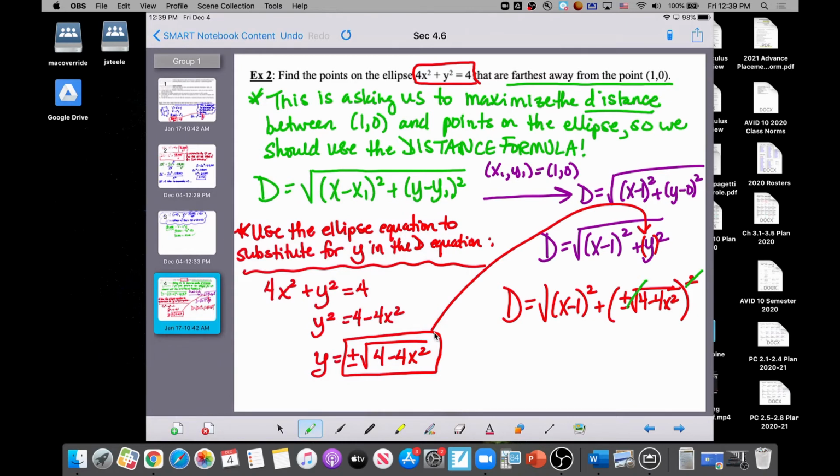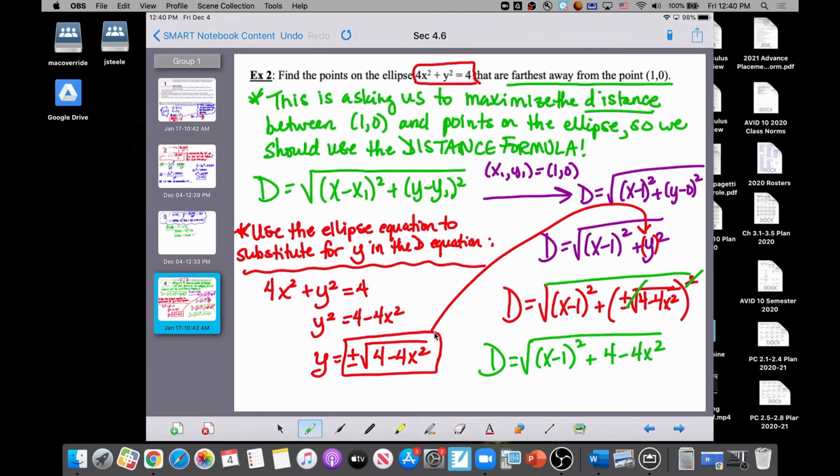And when you square something that's positive, you get a positive. When you square something that's negative, you get a positive. Whoops, I forgot my top on that square root there. So my distance formula, I guess it's not its most simplified form, I still have x minus 1 squared plus, when you square that square root, you just get the 4 minus 4x squared.